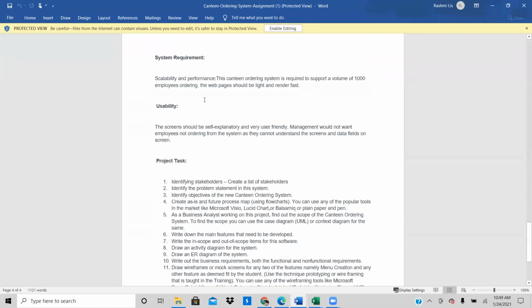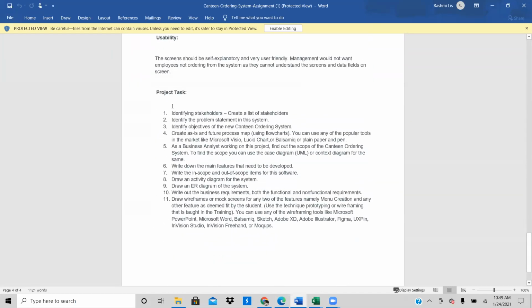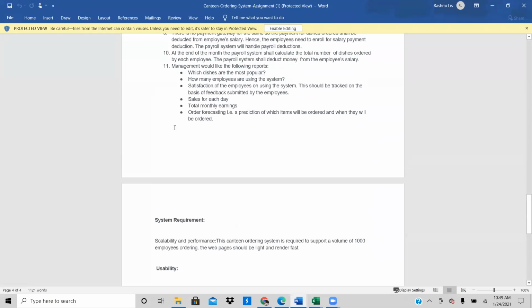And if you could by next week really identify the stakeholders, problem statement if you can, but really what I want you to do is identify the need and then use the templates that I went through to really understand the basics. And then as we move along, you can work through the future state, the activity diagrams and things like that. So just don't get overwhelmed to begin with, just go slow.